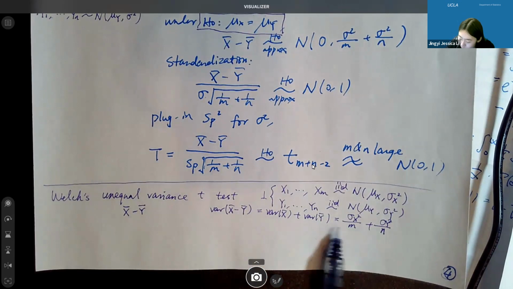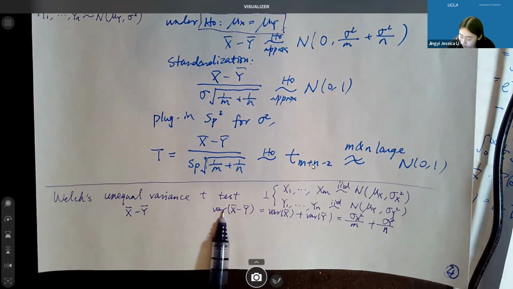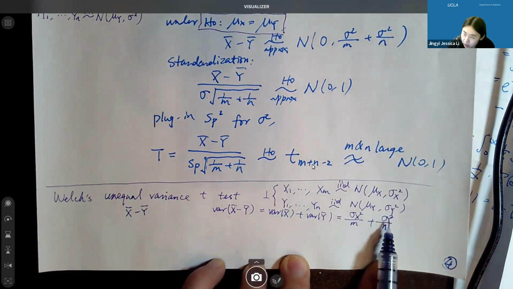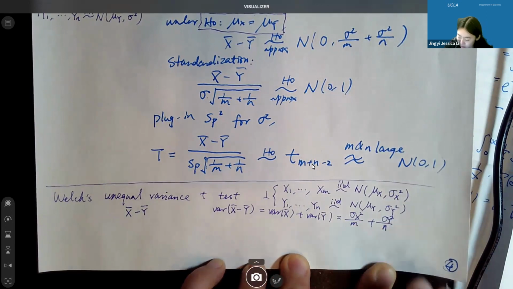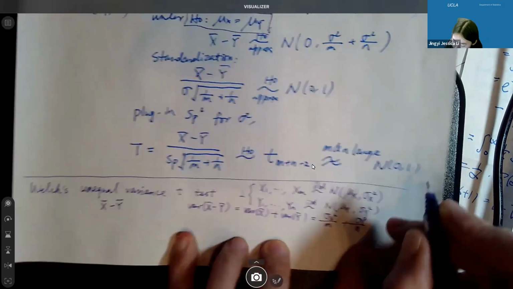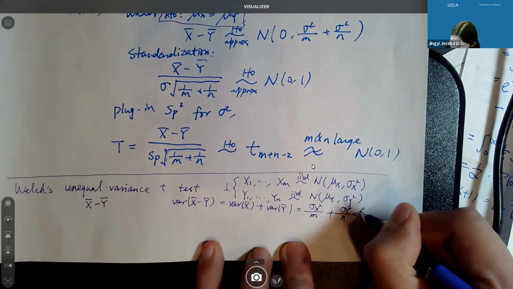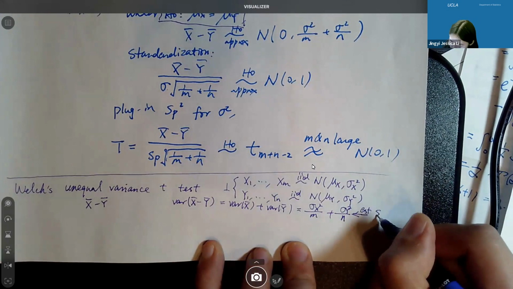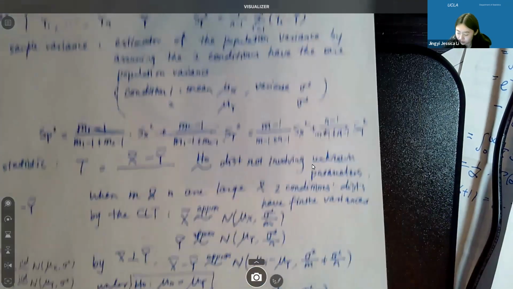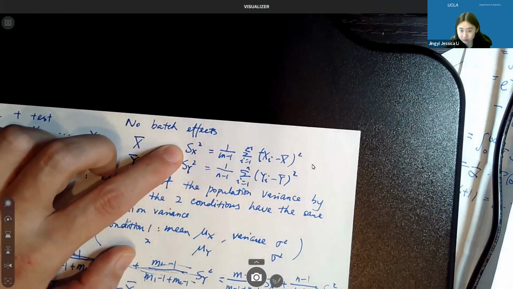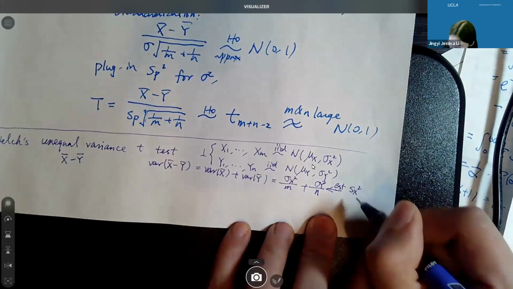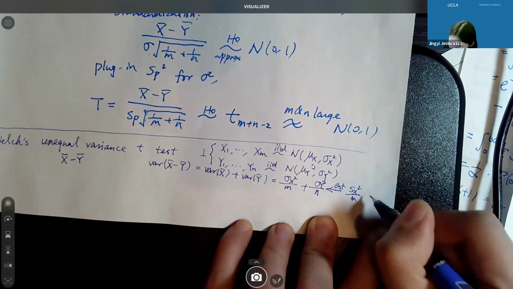So with this variance, to estimate it, we know this involves unknown sigma x squared and sigma y squared. A natural approach is to estimate these using our sample variances. So we just put in our Sx squared, whose formula is right here, and our Sy squared, as the estimators of sigma x squared and sigma y squared.